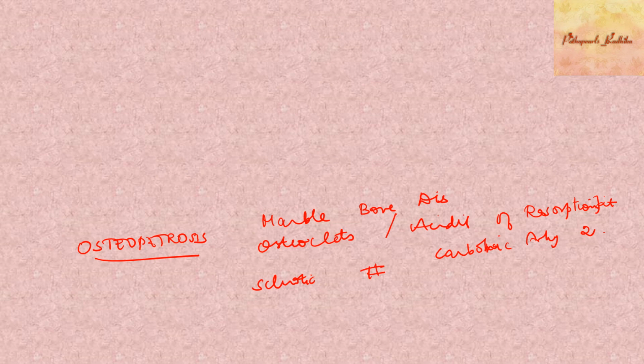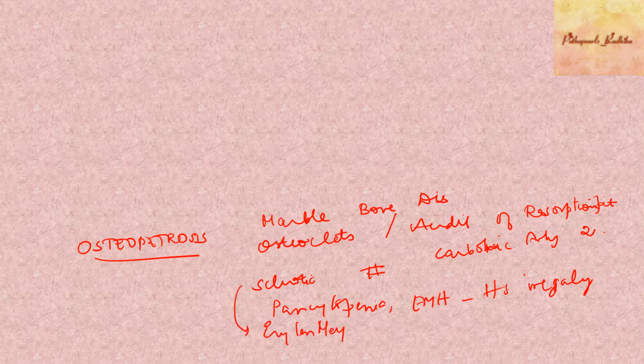So you don't have medullary cavity, so you can have pancytopenia and you can have extramedullary hematopoiesis, which can lead to hepatosplenomegaly, and the patient will have failure to thrive. Because you don't have a medullary cavity, the sclerotic bone appears as an Erlenmeyer flask. So this is called Erlenmeyer flask deformity.